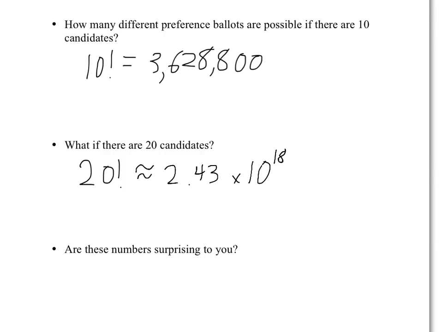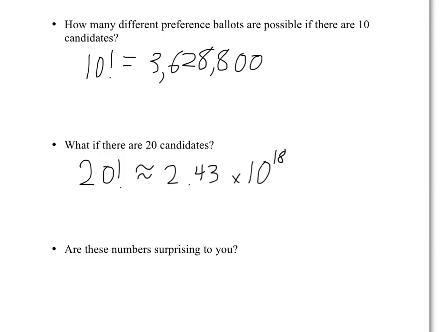In other words, the true value of this number is obtained by taking this decimal point and moving it 18 positions to the right. We've also done some rounding off here, but the point is that this number is in the quintillions. Right? That is almost unimaginably large.